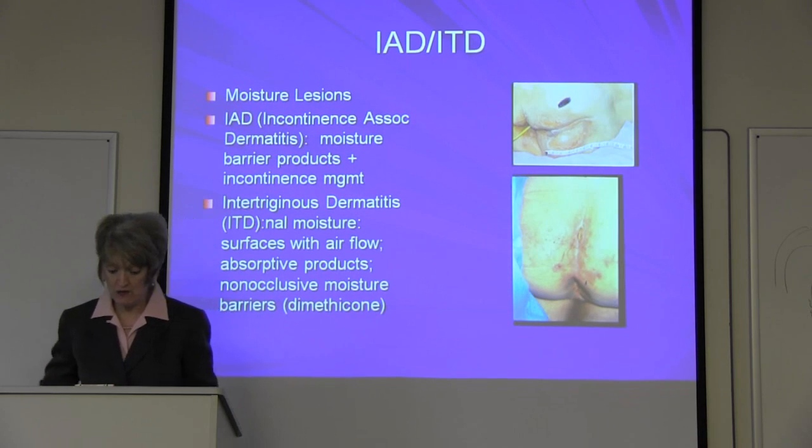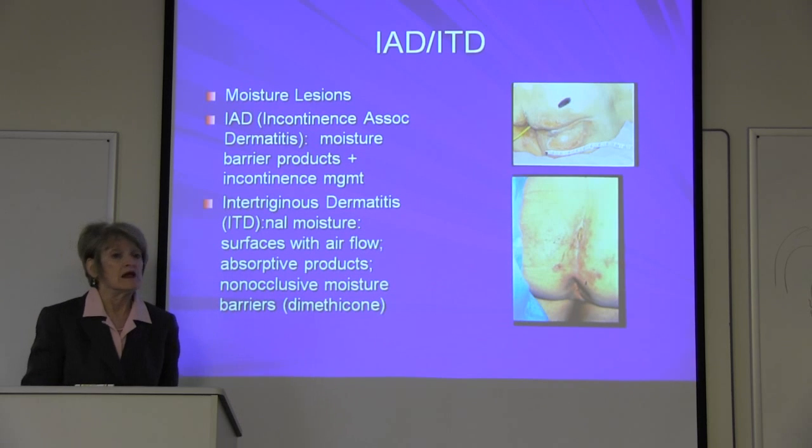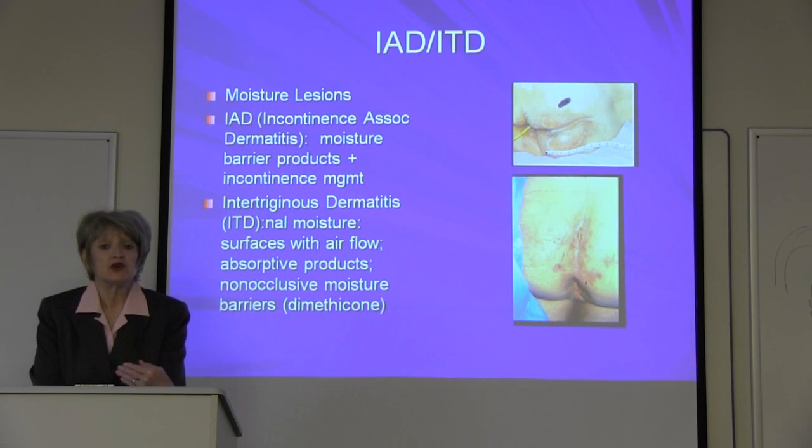Now we're going to talk about moisture lesions. There's been a major push in the last few years to sort out and differentiate between moisture-related lesions and pressure lesions. We've talked in earlier sessions about the fact that for many years we dumped all of these together.